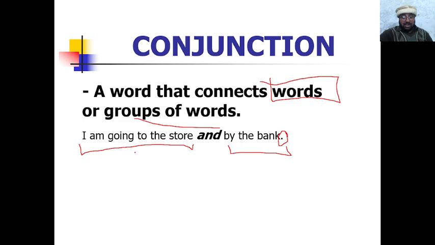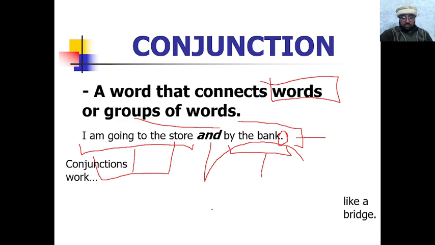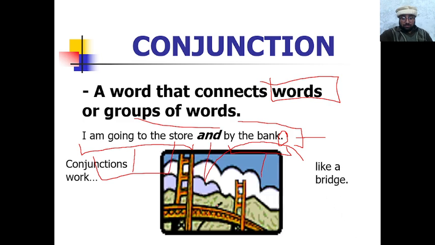And it has added an idea to this idea. Okay, this guy is going to the store. And he says, I'm going to the store and buy the bank. He has to go to a bank. Or if it is a she, maybe she has to go to a bank before the store. Conjunction works like a bridge.